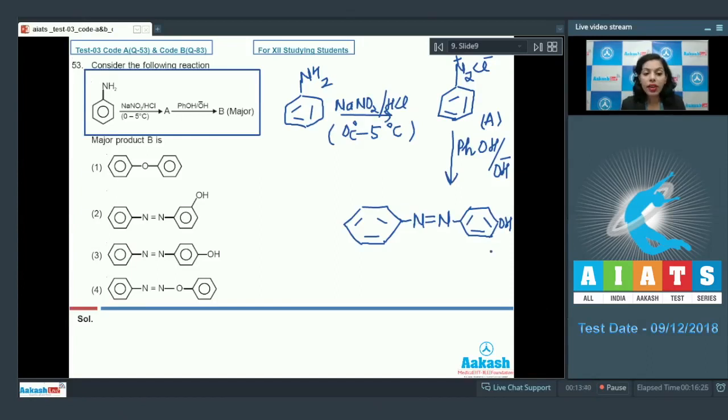Now let's identify the product. This product is given in option 3. So I'll choose option 3 as the correct option, and that's why the answer is also option 3.